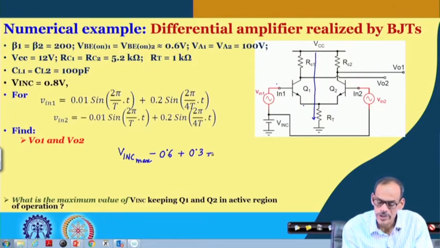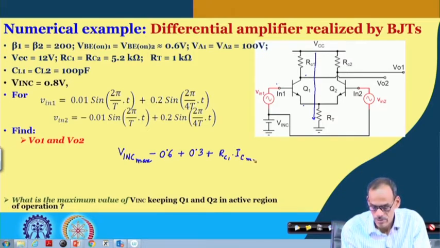the collector voltage, and then if I add this voltage, so that is RC into whatever the corresponding IC, say IC max. So, that is equal to 12 volt.